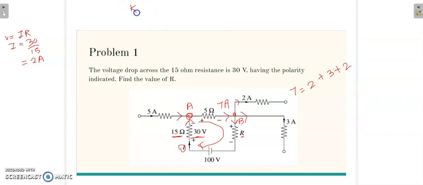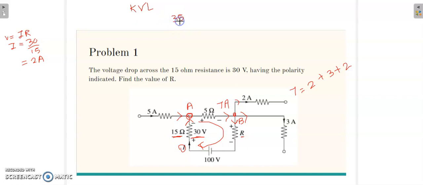By KVL, the voltage drop across the 5 ohm resistor will be given by I into R. The value of R is 5 ohm. The value of current is 7 ampere. That means the voltage drop across this 5 ohm resistance is 5 into 7, that is 35.